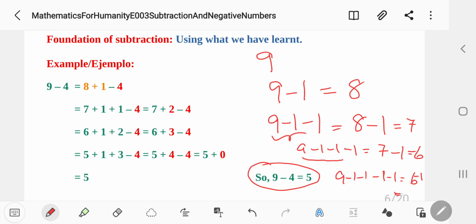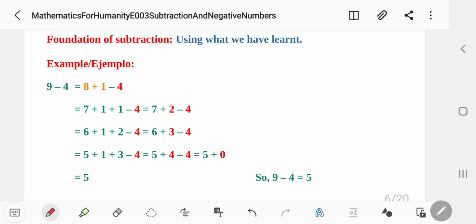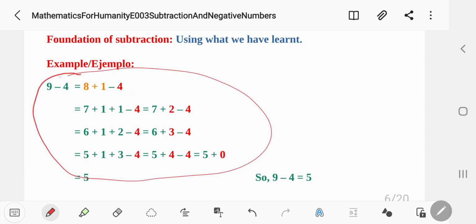So this is now equal to 5. You have subtracted 4 ones from 9. So that's just the same as this. 9 minus 4 equals 5. But this one explains it more clearly. So 9 minus 4 is equal to 5. Let's go to the next one.